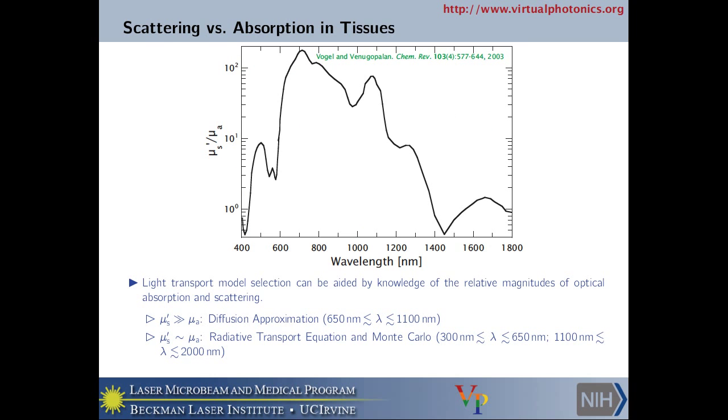What's also relevant for modeling is this ratio of scattering to absorption, because the ratio of scattering to absorption also tells you a little bit about how valid it is to use the diffusion approximation. So this is a plot of this relative ratio of scattering to absorption. You see again in the visible, things are low. This is 1 here. So here, absorption and scattering are comparable.